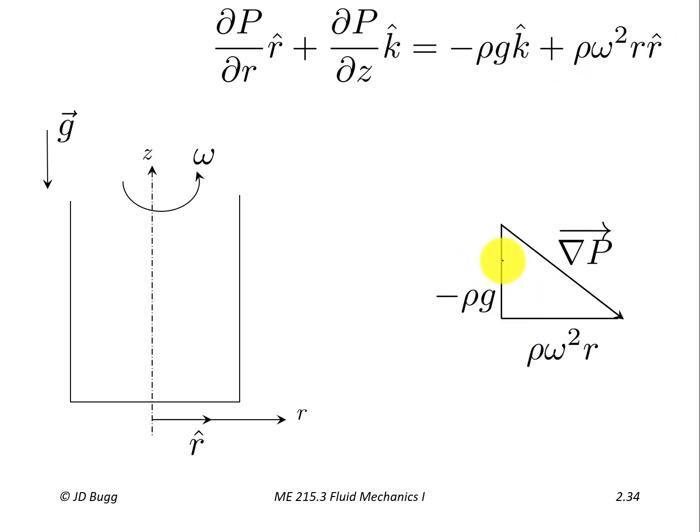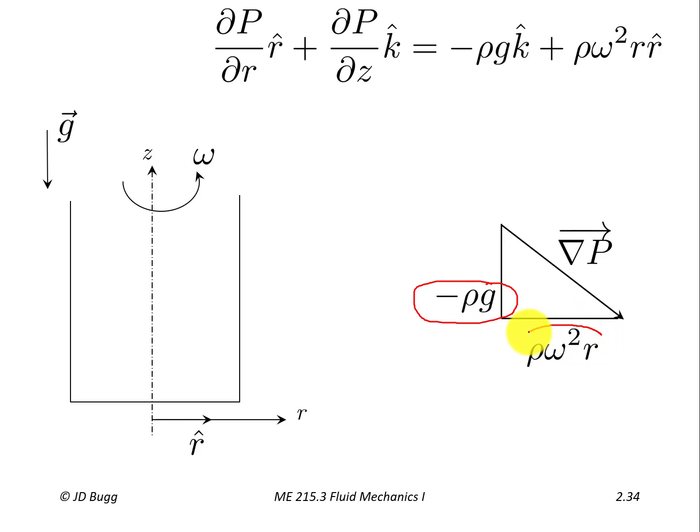Now, the important thing to realize is as we move around in this fluid, to different locations in the fluid, this part doesn't change. Presumably those are constant. The density of the fluid and the acceleration of gravity are constant everywhere in that fluid. So the vertical component of this pressure gradient vector doesn't change as we move from place to place.